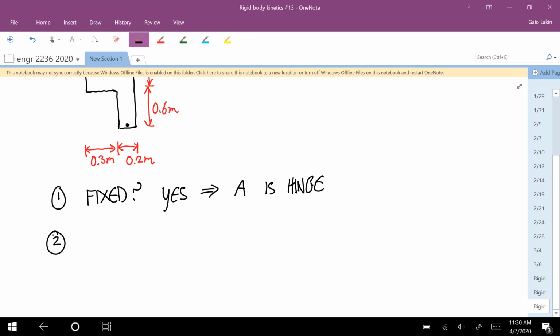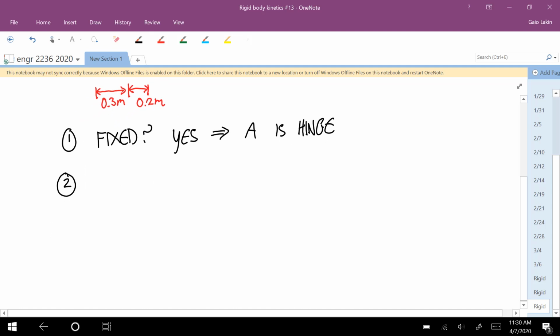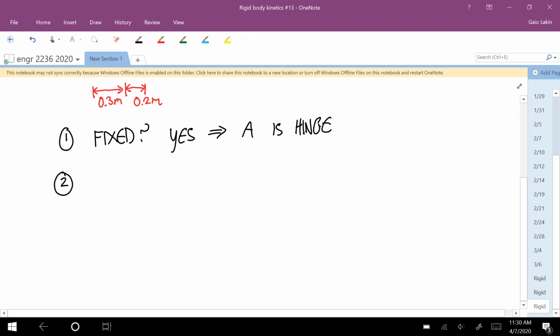Okay, well, let's figure out the area of this whole thing, and we can start breaking it up into pieces. We'll say that the mass of the whole thing is m. So all we're trying to do now is calculate the moment of inertia about A, but that's a little complicated because this thing just has an unknown mass m.